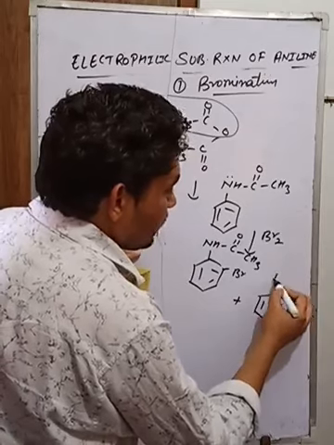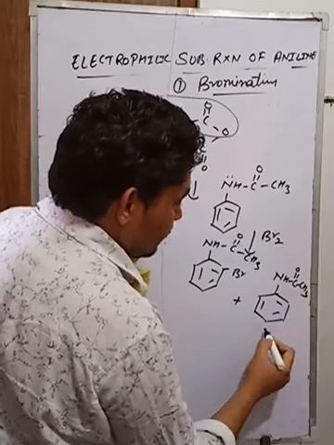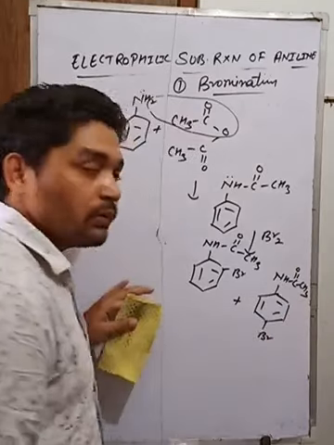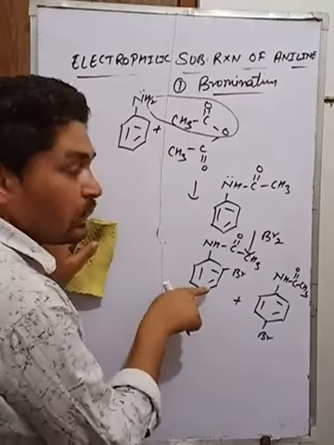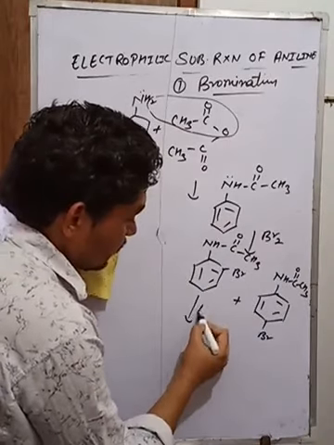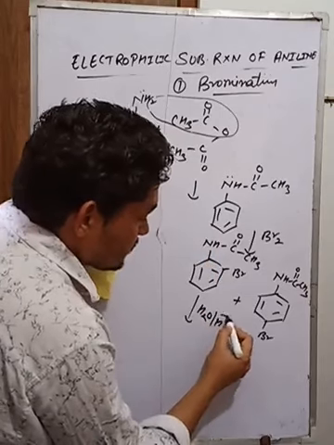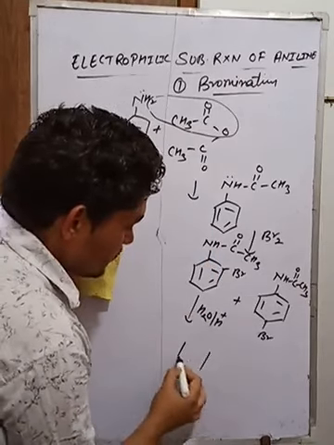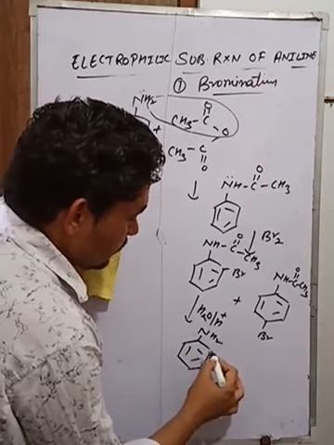But when aniline does not undergo acetylation, we cannot get ortho and para products separately. After getting the ortho product, this product undergoes hydrolysis, and after hydrolysis we get the ortho product or para product.